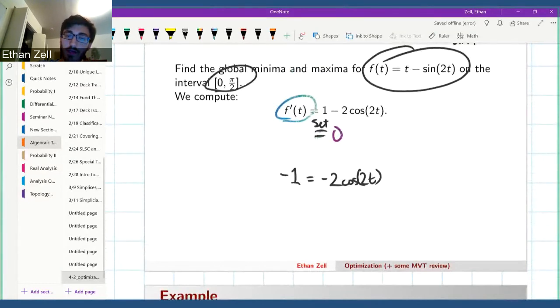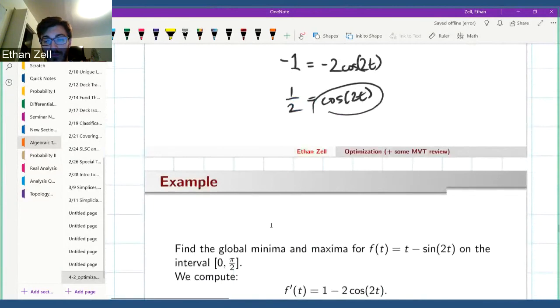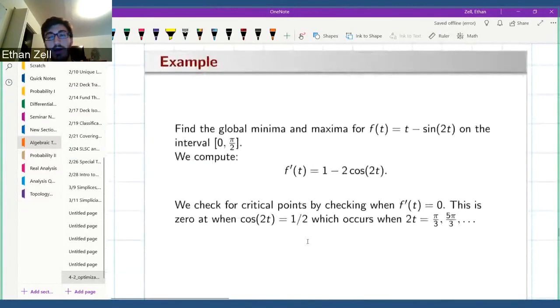But then that's just 1/2 cosine 2t. And now the question is reduced to asking, when is cosine of 2t 1/2? But this is a periodic function, so there are infinitely many points where it's 1/2. So I make a whole list of them, and I do sort of a partial list down here, right? That's not all of them, but that's a good number of them.